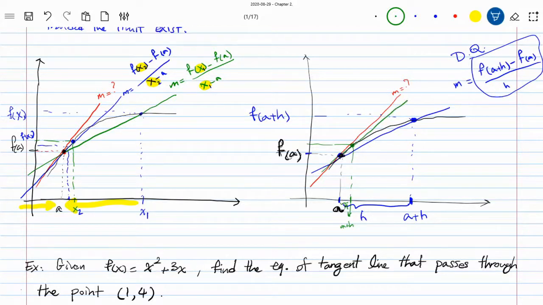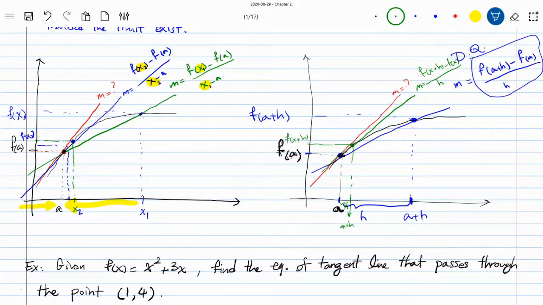The two lines, the green and red line, would be closer, and you see that the blue line and green line are going to get closer and closer to the red line by doing this. But the formula would be exactly the same: f of a plus h minus f of a, divided by h. The difference in the x values would simply be h.